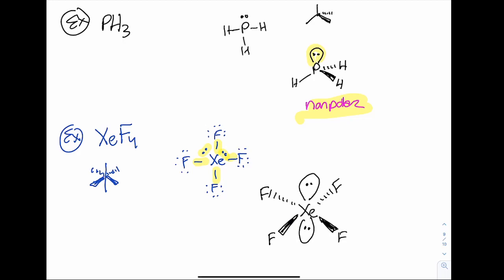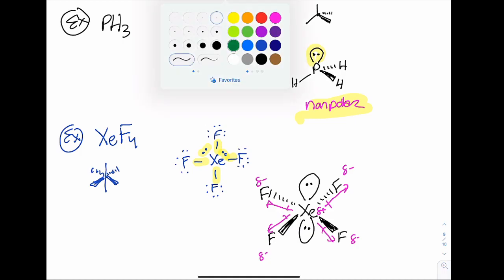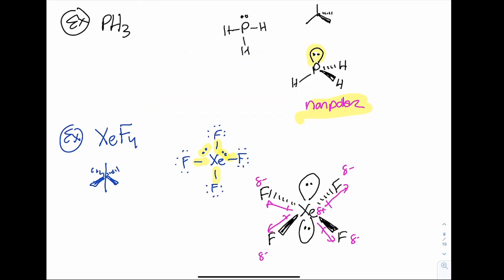When I go and assign my bond dipoles, fluorine is my more electronegative atom. It is the most electronegative atom. So unless it's bonded to another fluorine, it will always be the partial negative. And then this one and this one, and this one and this one. So polar or nonpolar? Yeah, this one's nonpolar again. And you can think about it.